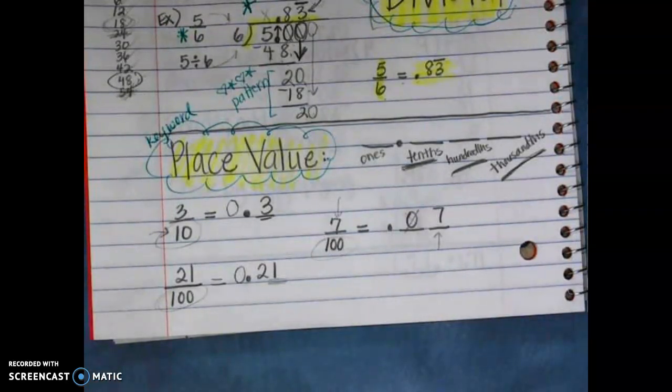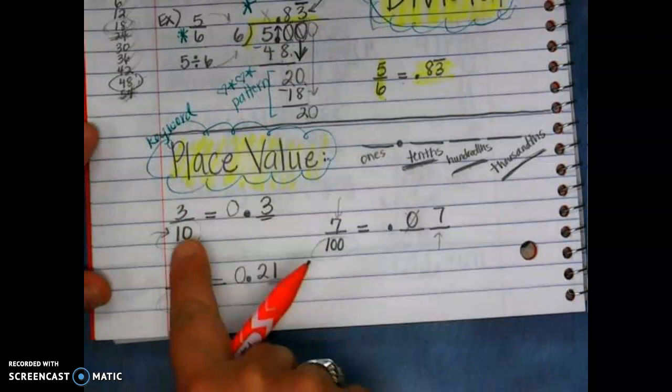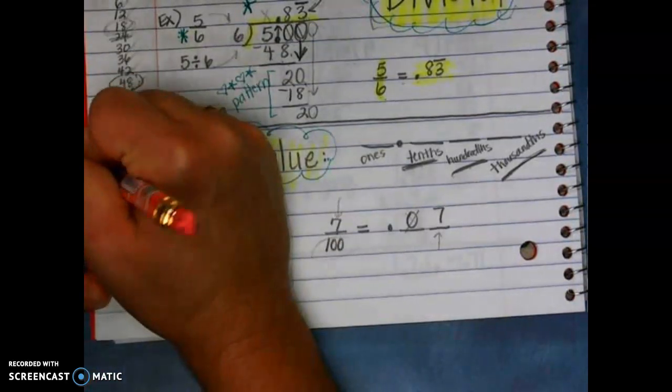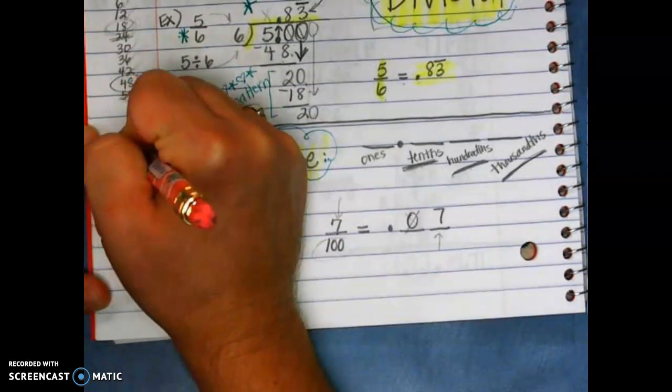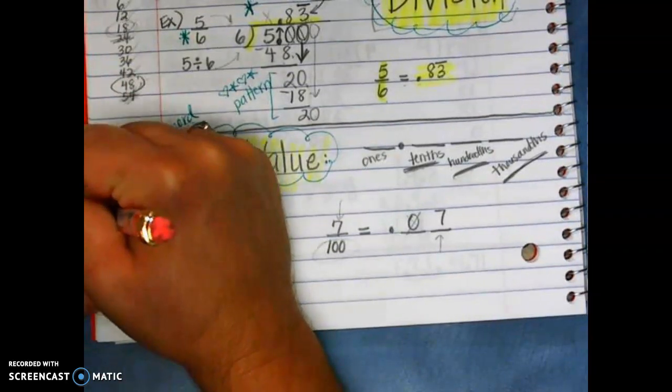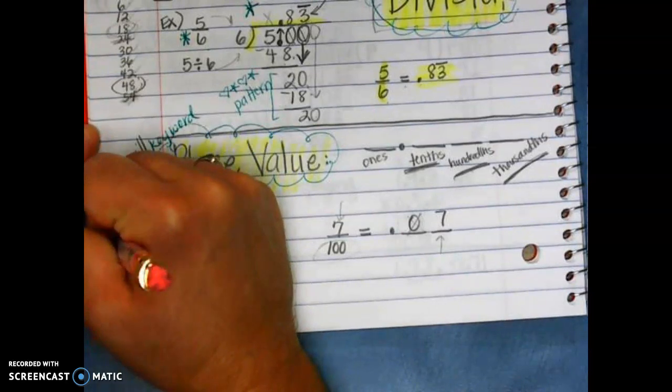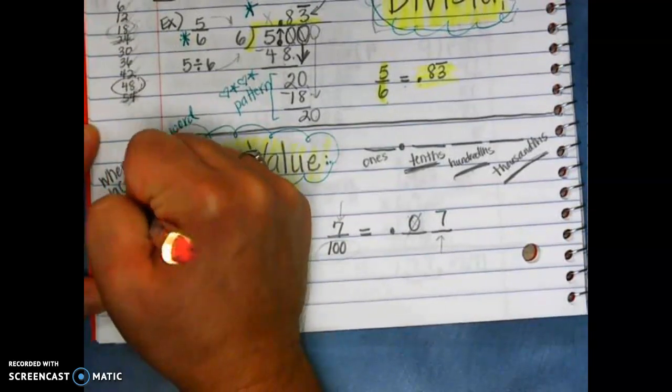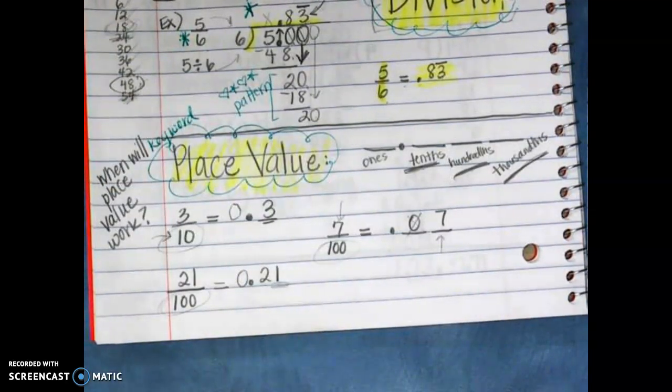So I may want to make a note like, when will place value work?